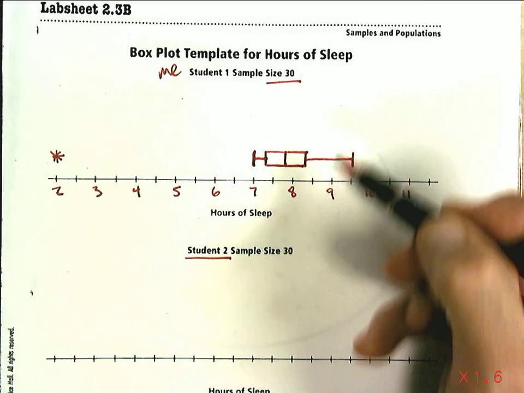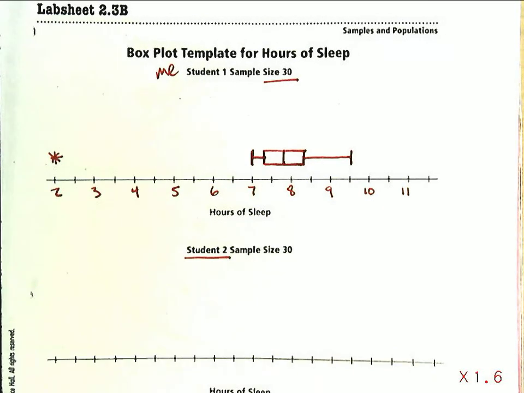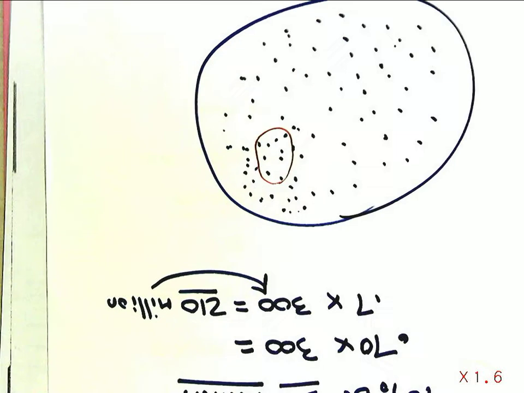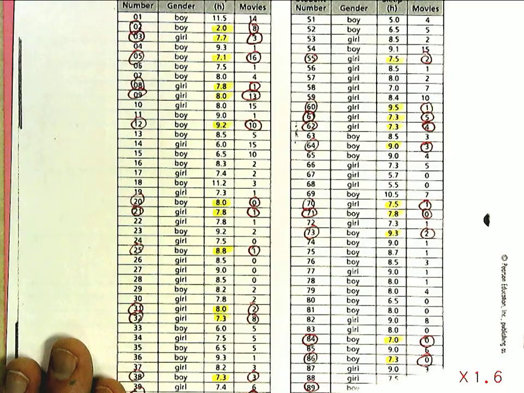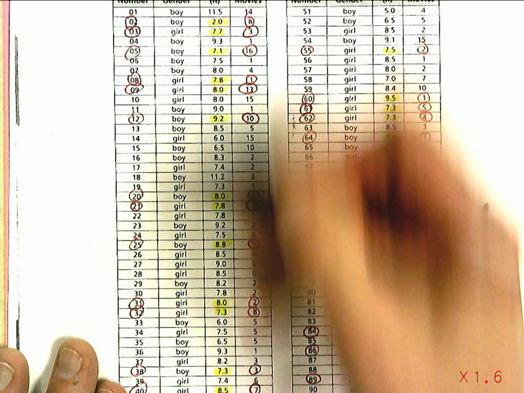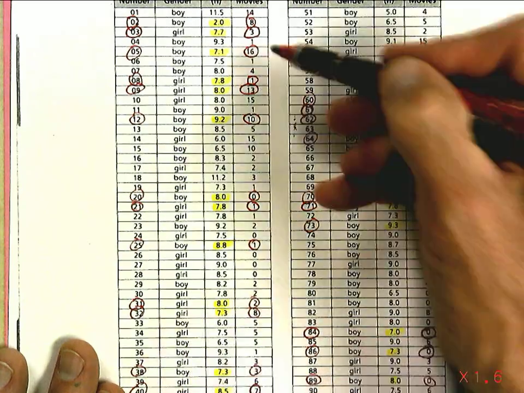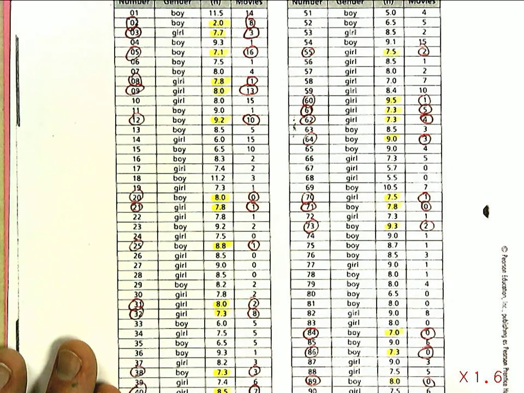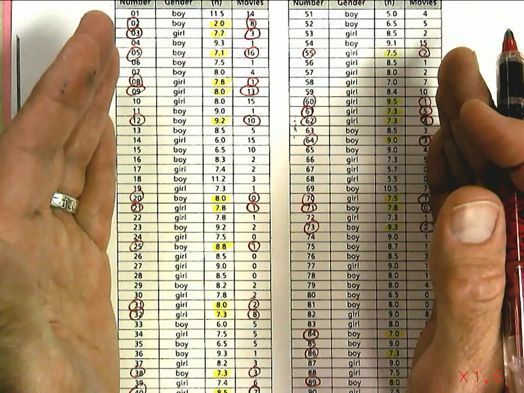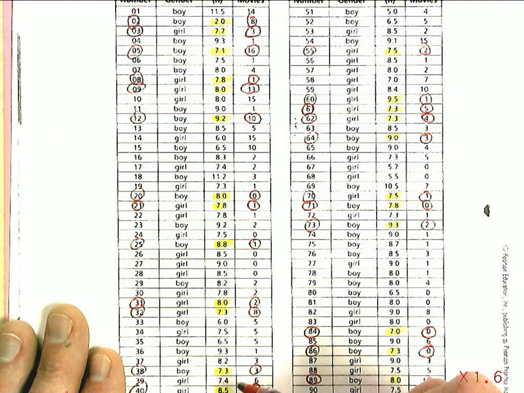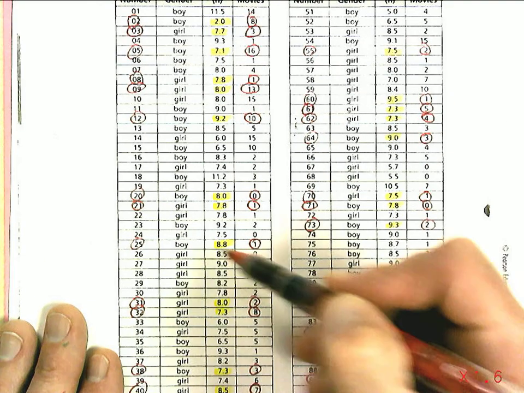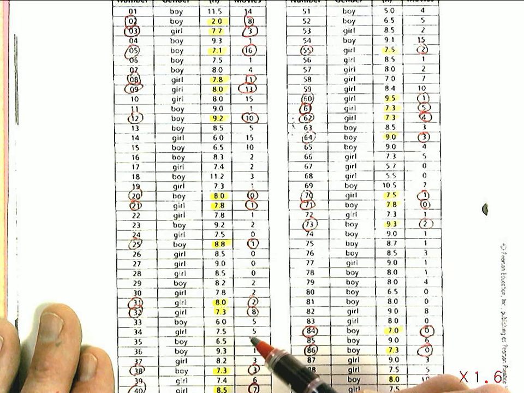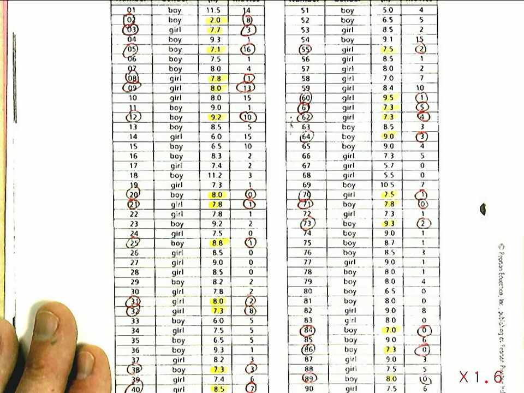Now we could check that by going through and doing this data analysis for every person in the group, but it's probably easier, like we did, to pick a random sample and use our random set of data to predict for the whole population. So here's our population, these are our sample, and does our sample represent the whole population? And that's a question you'll have to answer here in this investigation.